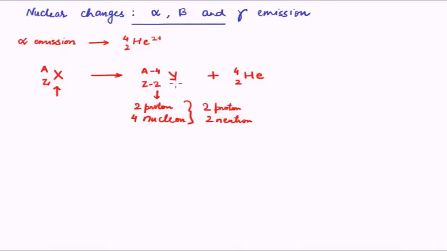Thereby the daughter element that is formed is 2 elements below in the periodic table, that is Z minus 2. If this were 82, then this would have an atomic number of 80, and in addition to that, this difference is emitted as an alpha particle.